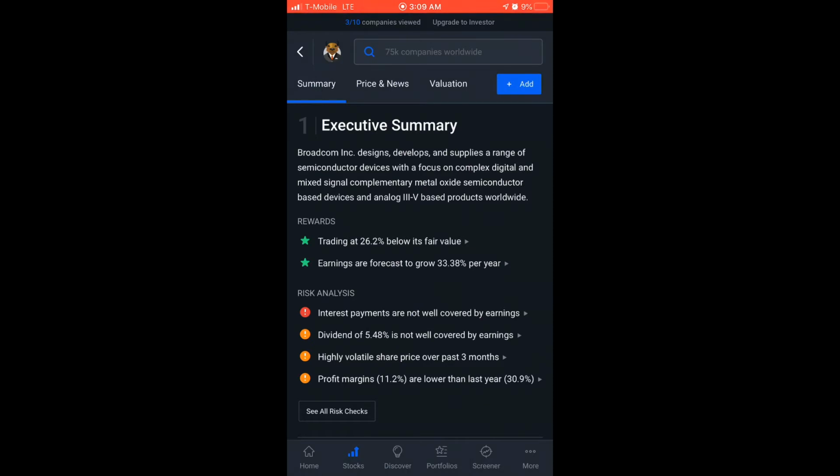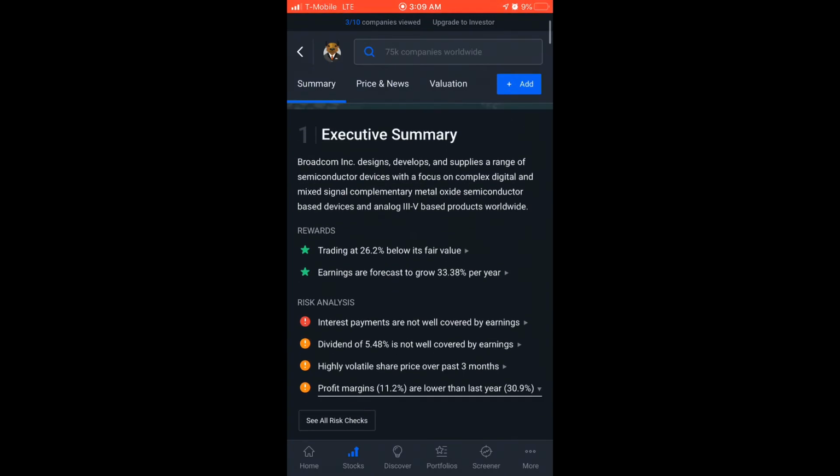For me, I would like a 30% margin of safety with Broadcom, because I don't consider Broadcom the same level as Apple or Google, for example. So I would like a little more margin of safety.